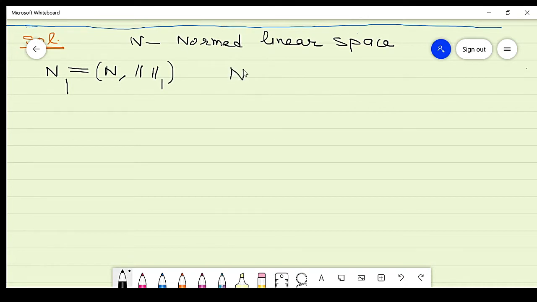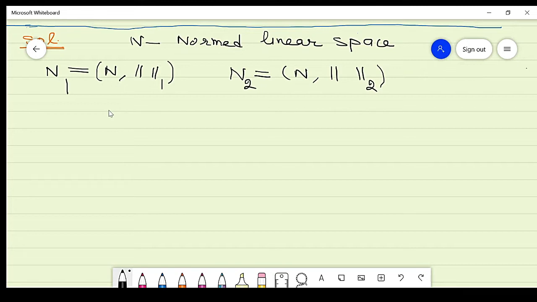Similarly, with the second norm, we take N with the norm 2, denoted N2. These are N1 and N2, two normed linear spaces. They have the same elements, the same vectors, but with different norms. Clear? That is my first purpose, to construct N1 and N2.